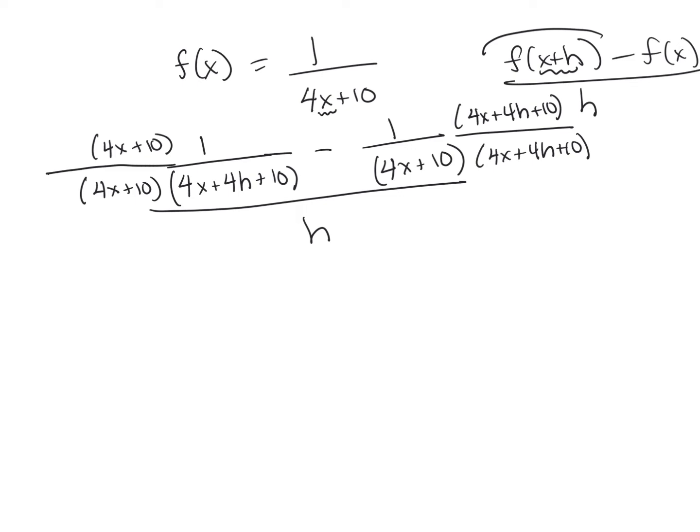So on the top, coming from here, I have 4x plus 10. Then, coming from here, this part, not with the h, I have minus 4x plus 4h plus 10.